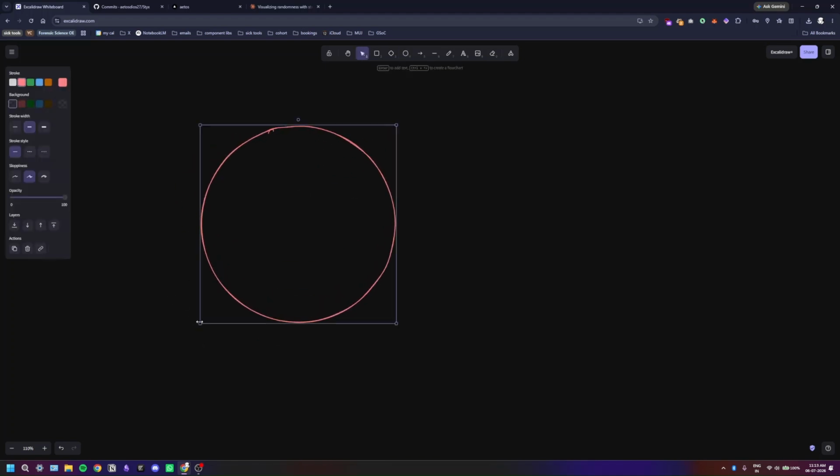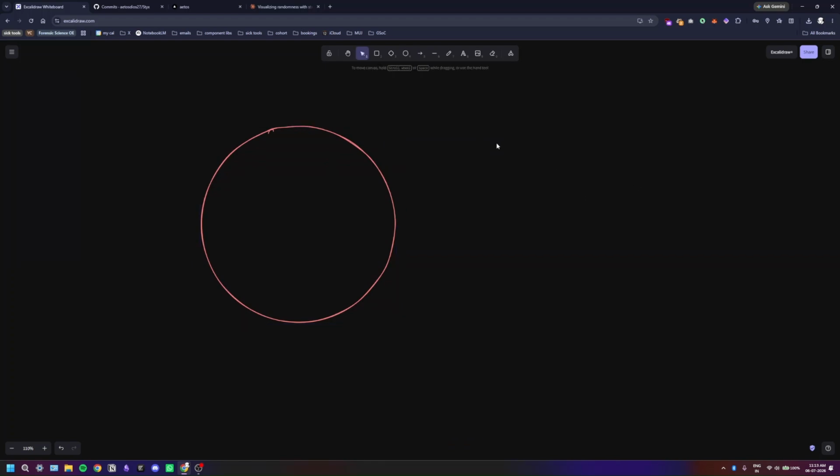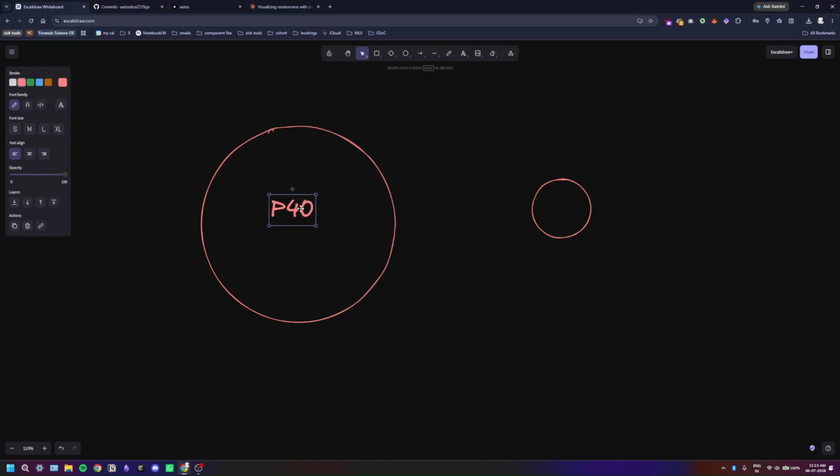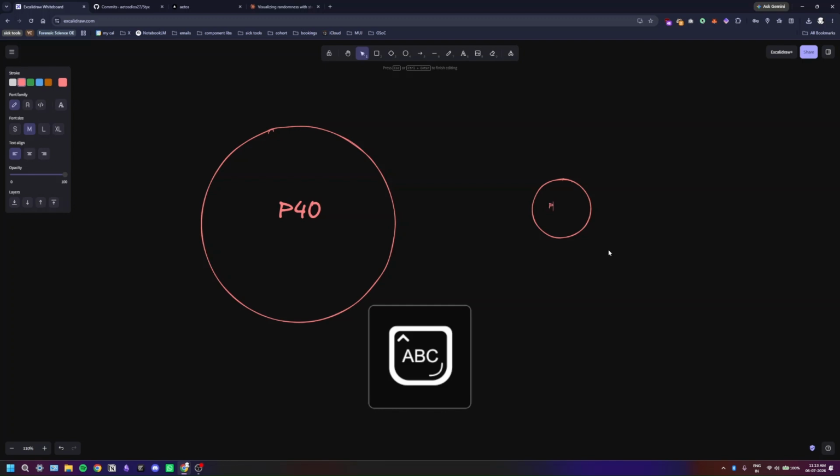So, let me demonstrate it with a simple diagram. Let's say this is a piece. I'm using circles to denote the number of seeders, so hope you can understand. And let's say this is piece 1, and this is piece 40, and this is piece 23.